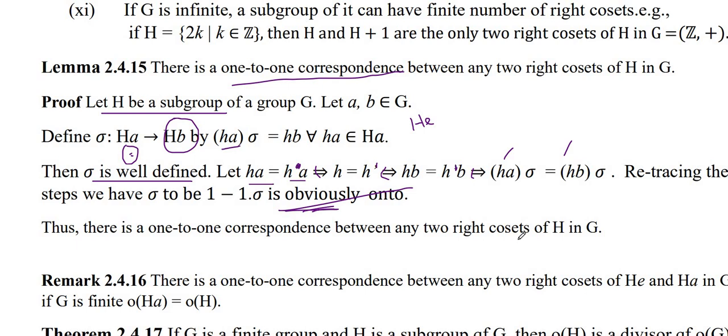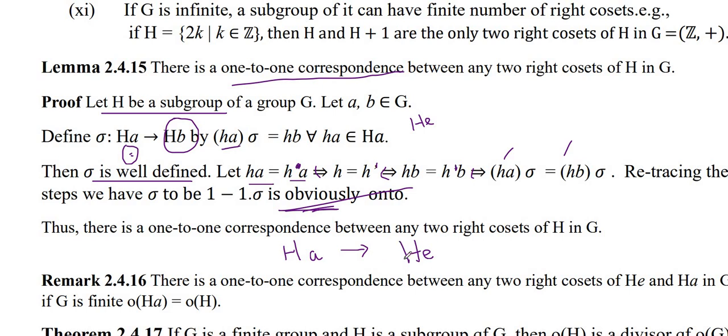Now actually, why do we need this? If there is a one-to-one correspondence between them, then when we consider HA and HE, this is a right coset of H in G, this is another right coset. There exists a one-to-one correspondence between these two, which means if I have 10 elements here, this one will also have 10 elements. If I have 11 elements here, this will also have 11 elements.